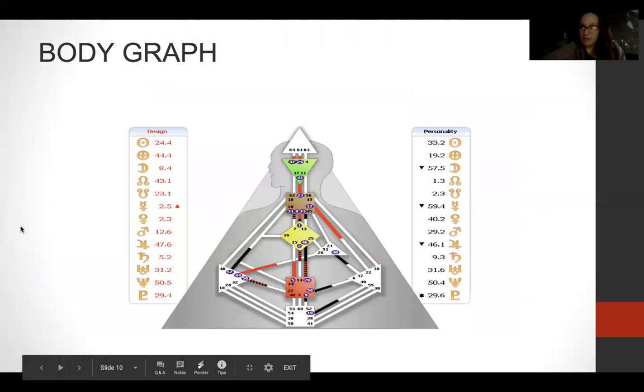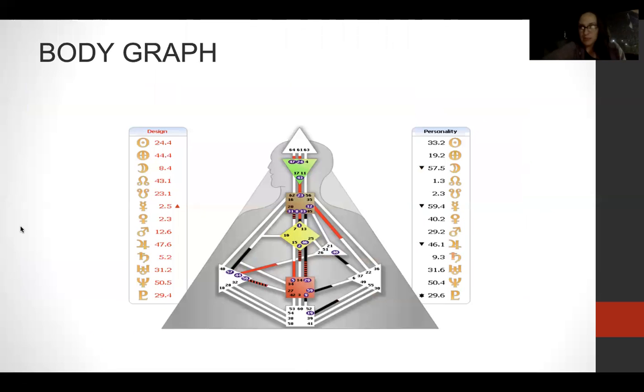So again, this is the body graph. This is typically what it looks like for you when you get a chart from somewhere like Jovian, or there's a wide variety of places that you can get it. Holly and I can both pull charts for you. We can get you a chart that looks similar to this, what's called the client chart.